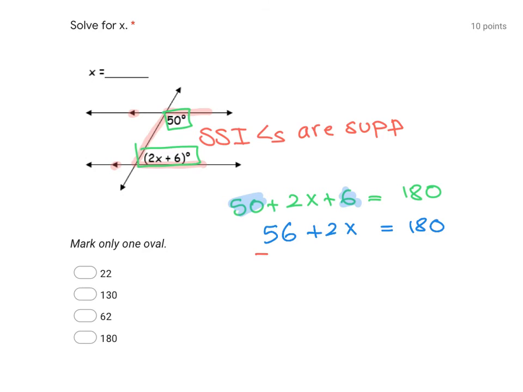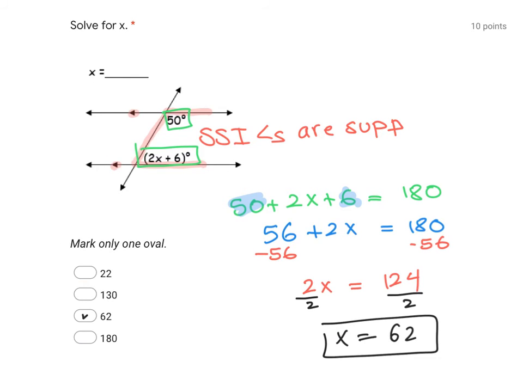And then if I subtract 56 from both sides, I get 180 minus 56, and that's going to give me 124. So 2x is 124. And then I divide both sides by 2. And if I divide by 2, I get 62. So x is 62.